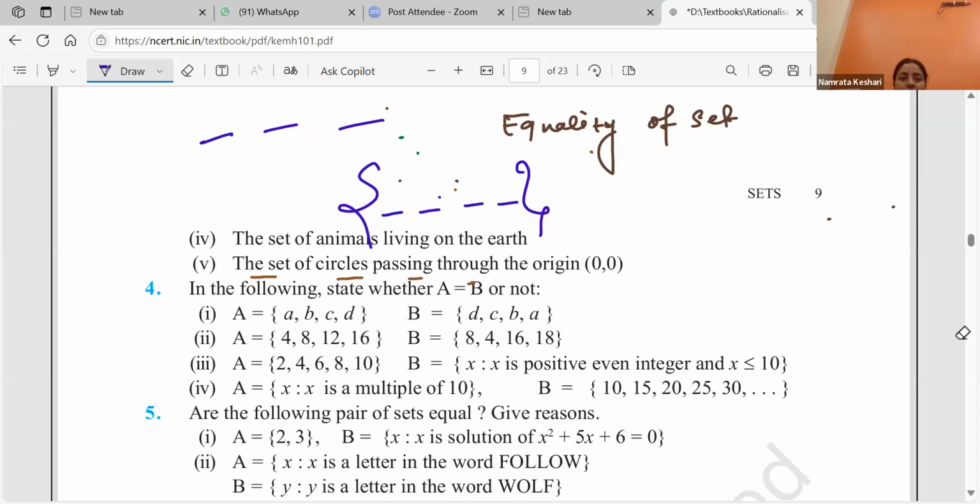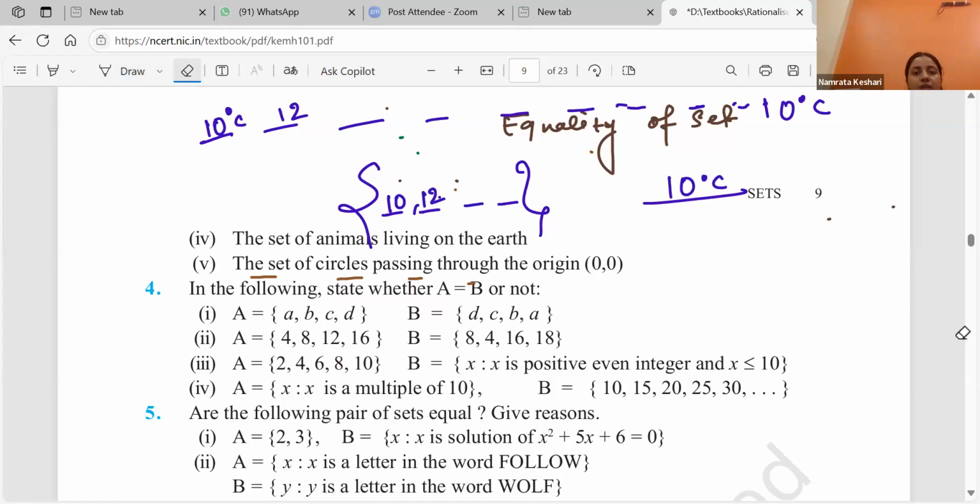So many times I'll find that one day there was 10 degrees centigrade, another day again 10 degrees, another day again 10 degrees. We can have a collection like this. But while listing in a set, I'll write it only one time, and then the other numbers. Getting it?